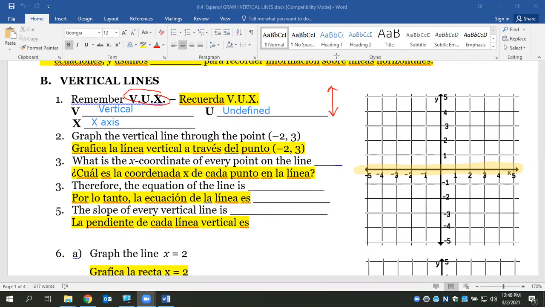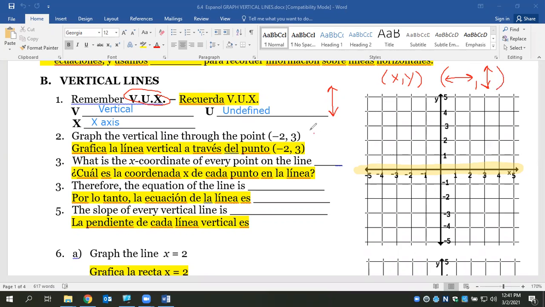So let's do this. Let's answer 2, 3, 4, 5. Graph the vertical line through -2, 3. Well, remember, x and y. The x is left and right, and the y is up or down.